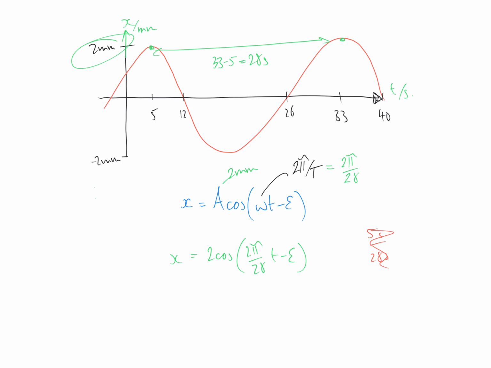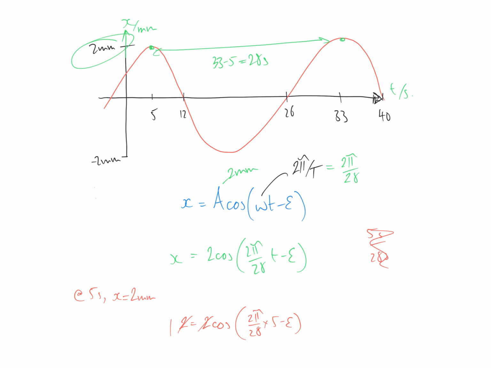So what I do know is that at 5 seconds, x equals 2 millimeters. Let's substitute that in. 2 equals 2 cos(2 pi over 28 times 5 minus eta). These 2s cancel to be 1.